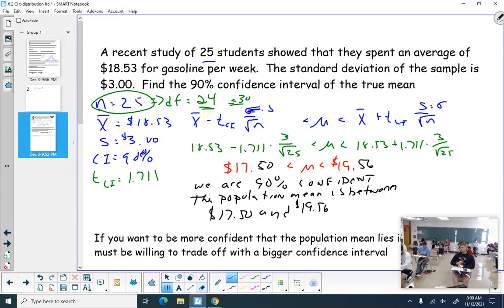So you finish off your confidence interval problem by writing your statement that you're confident that your population mean is between this value and this value.